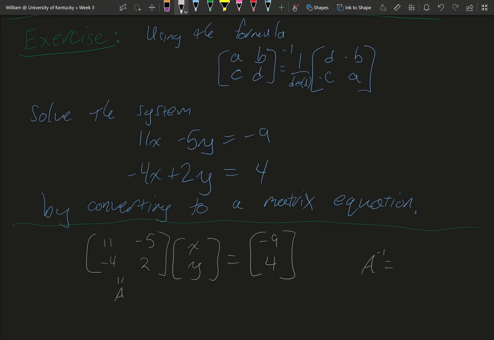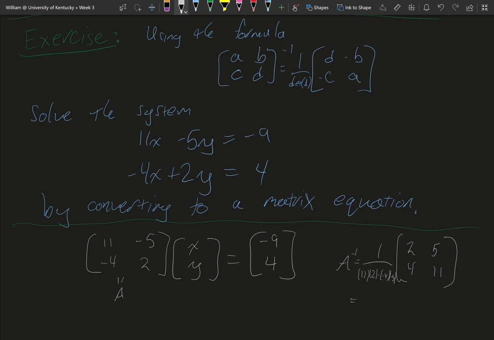So we swap 2 and 11, and then we make the -5 and the -4 negative again, so they become positive. And then we divide, I should have left more room. We divide by 1 over the determinant. So that is 11 times 2 minus -4 times -5.